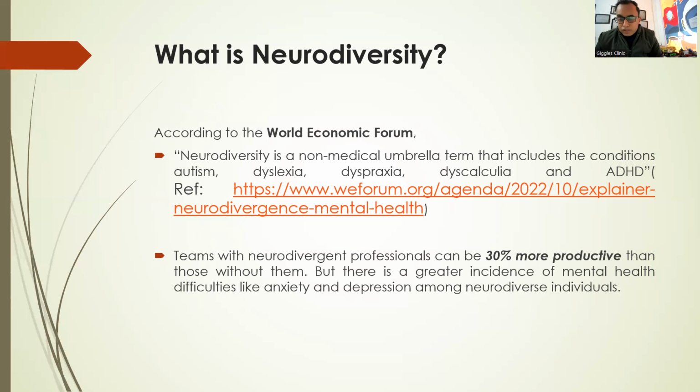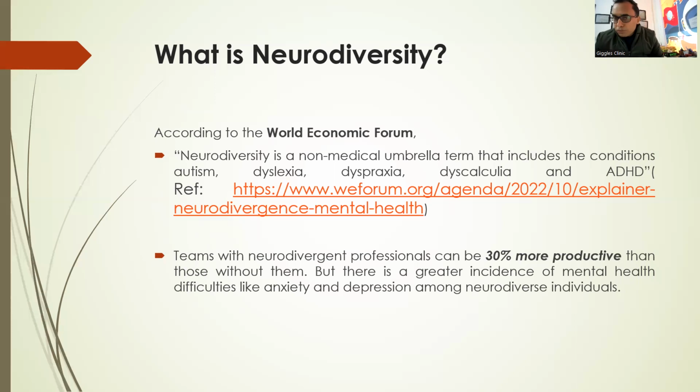Now, this is another important data which I have taken, and it is very shocking and very interesting for us. Teams with neurodivergent professionals can be 30% more productive than those without them. But there is a greater incidence of mental health difficulties like anxiety and depression among neurodiverse individuals.